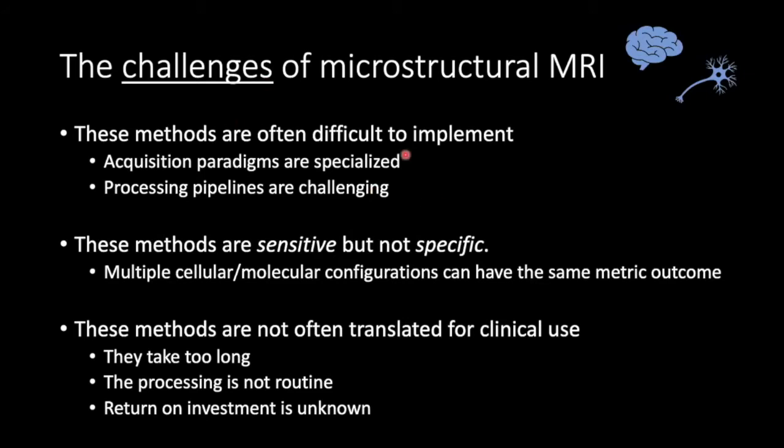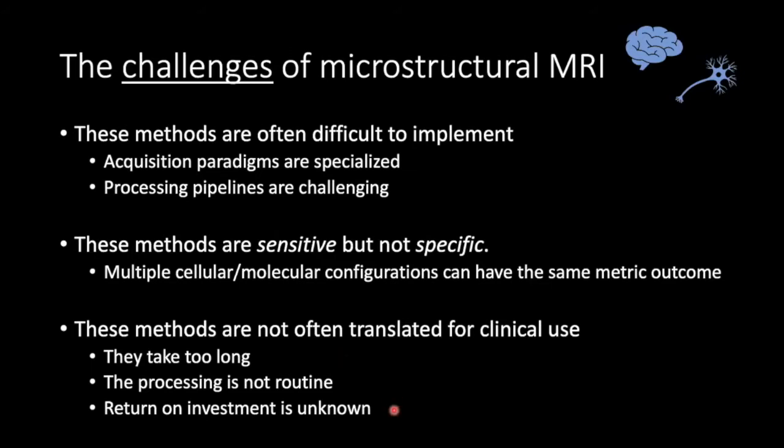The acquisition paradigms are specialized and the processing pipelines are challenging. And then you always hear this lament that diffusion especially is very sensitive, but not specific. So we really need to better bridge the scale of our maps with the scale of the cells. And then the methods can also take a long time and it's hard to get them into a clinical scanner.